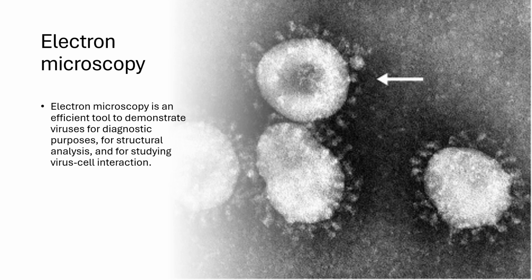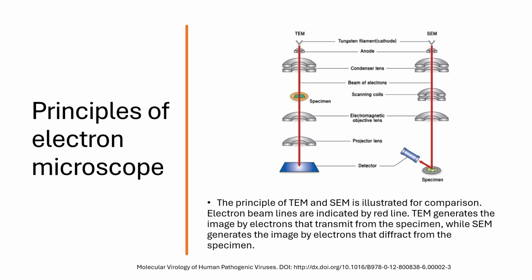Electron microscopy is an efficient tool to demonstrate viruses for diagnostic purposes, for structural analysis, and for studying virus-cell interactions. Principles of electron microscope. Two kinds of electron microscopic technologies have been developed: transmission electron microscopy (TEM) and scanning electron microscopy (SEM).